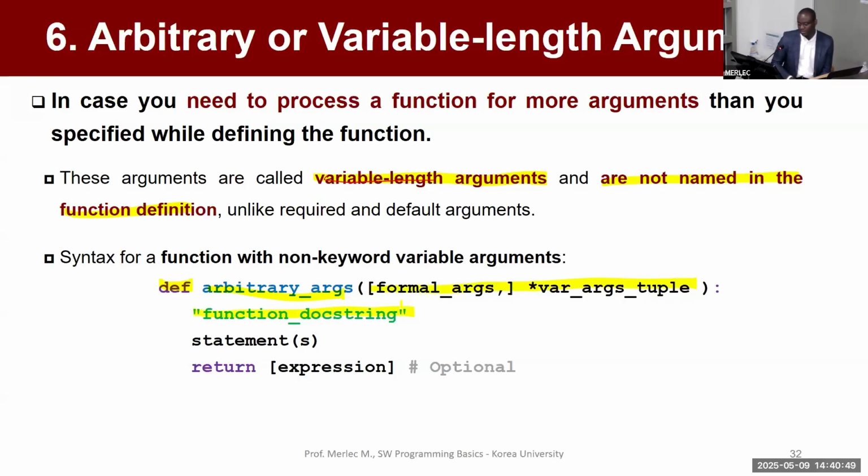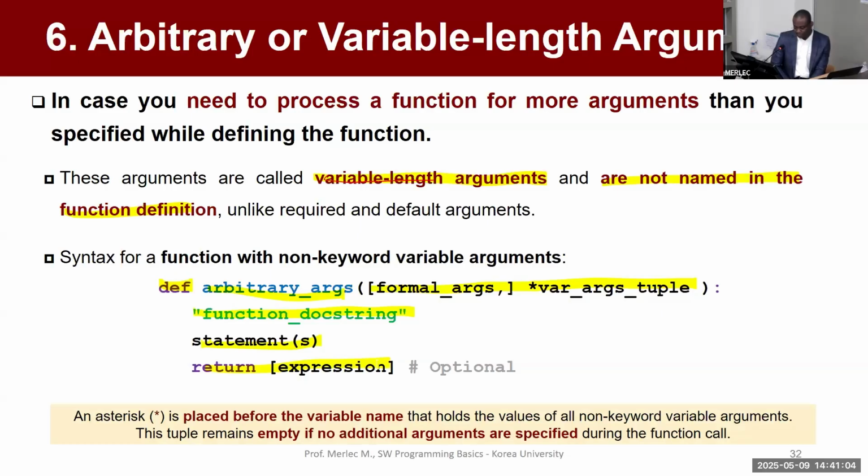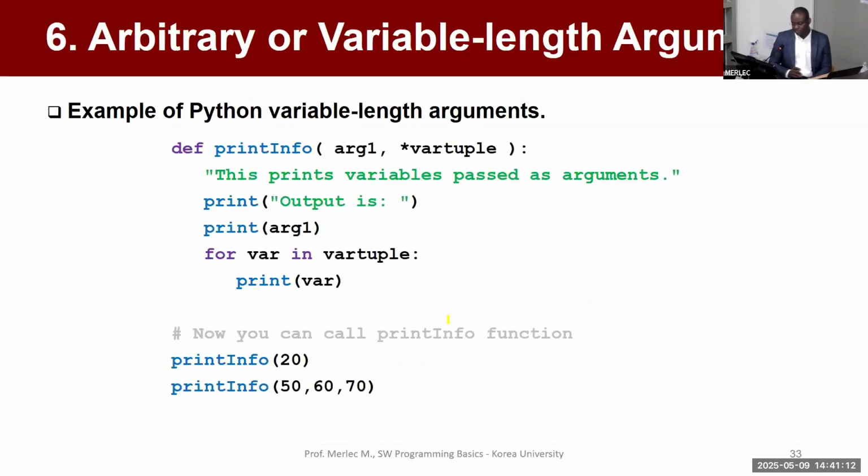Then you have the docstring line that will provide explanation of the function specification, and then the body of the function, and then the return expression value, which is optional. So this star, as I mentioned, is just placed before the name of the variable.